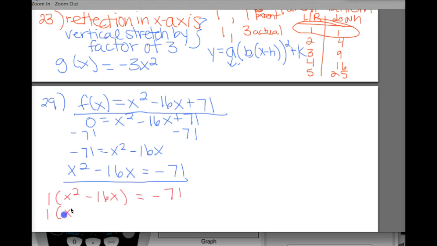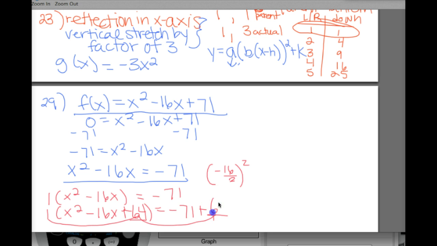Then I'm going to add blanks. We fill in the blanks by doing b divided by 2 squared. B is negative 16, divided by 2 is negative 8, squared is 64. So 64 goes in the left side blank, and in the right side blank I multiply times the a, which also is 64 in this case.